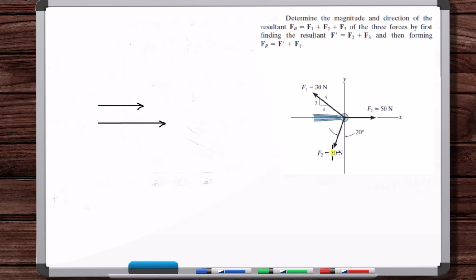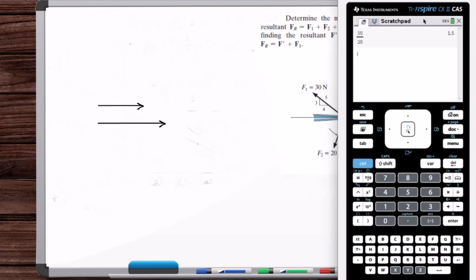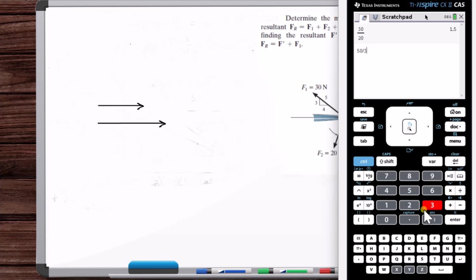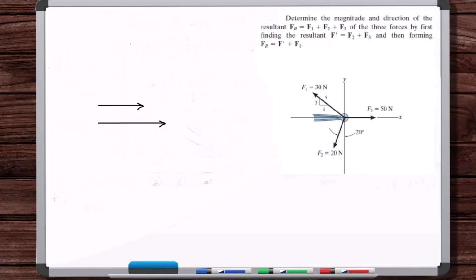Okay, and then F3, so let's compare F3 to F1. 50 divided by 30, 1 2/3, okay. So 1 and then 2/3 of this, about right there.